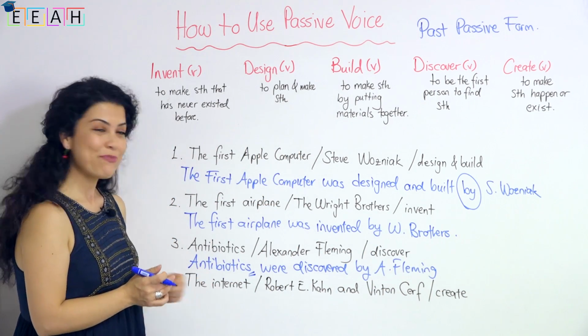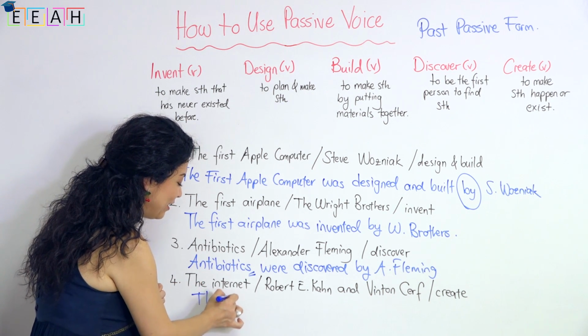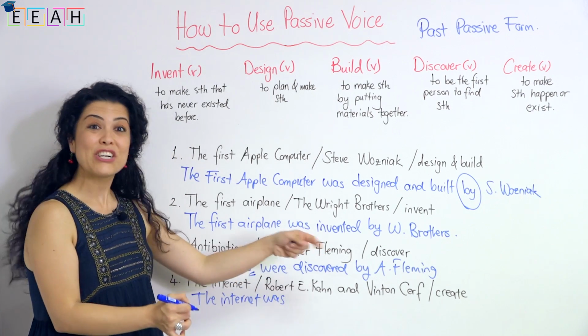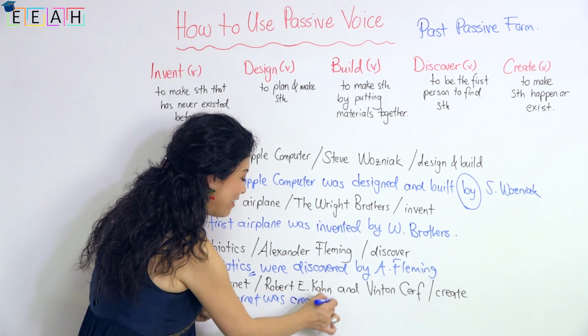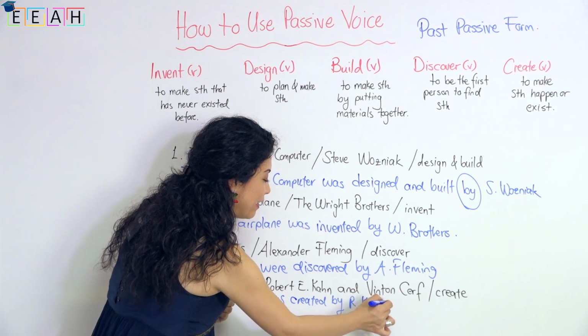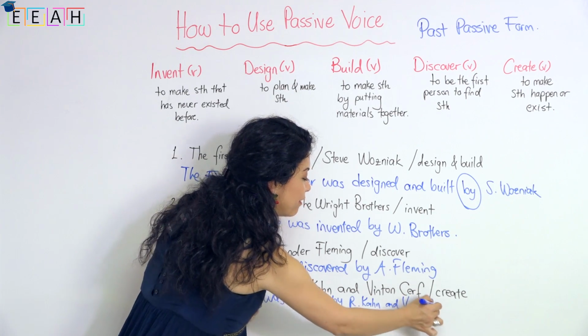This time we are looking into the internet. Yes? So the internet was created. Yes? The internet was created by Robert Kahn and Vint Cerf.